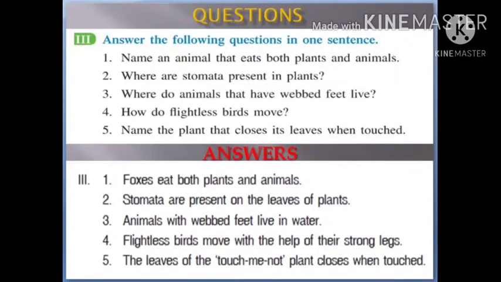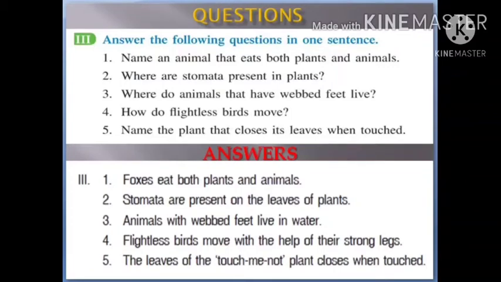Third question, where do animals that have webbed feet live? Means where are the animals they live who has webbed feet? So the answer is animals with webbed feet live in water. Who has webbed feet? They live in water.